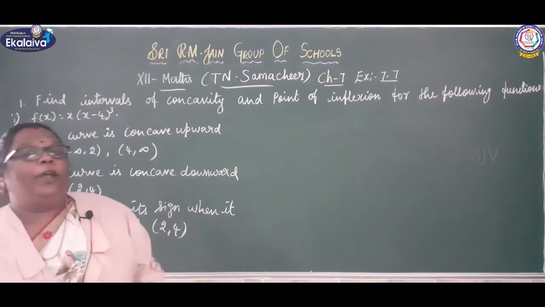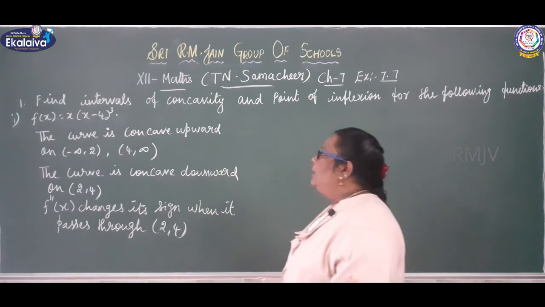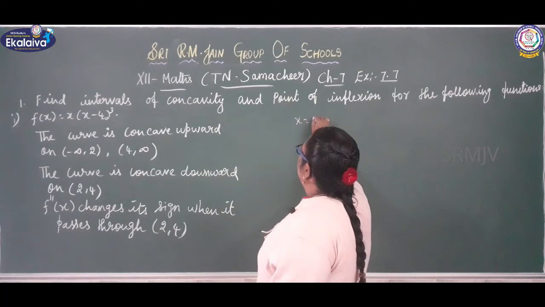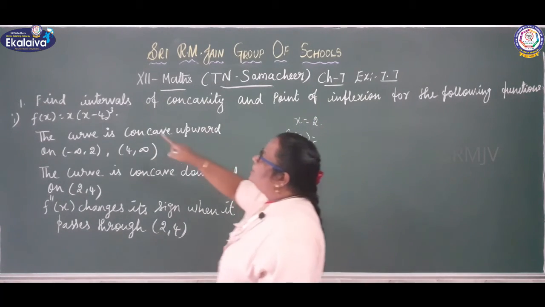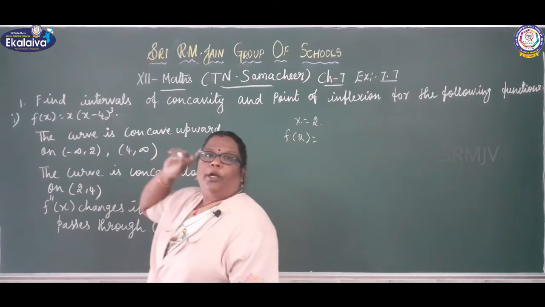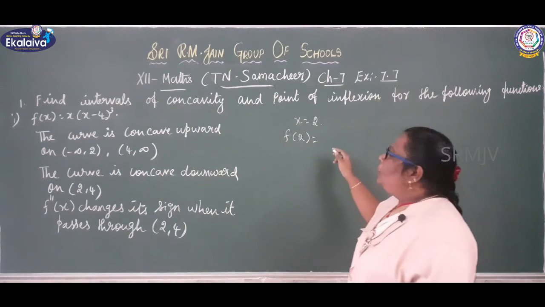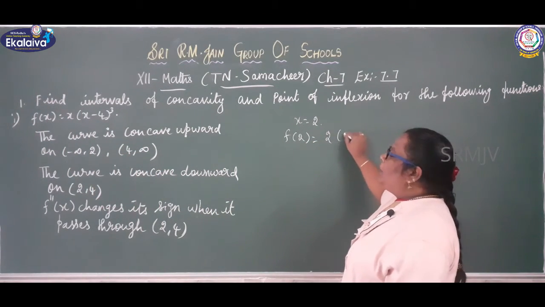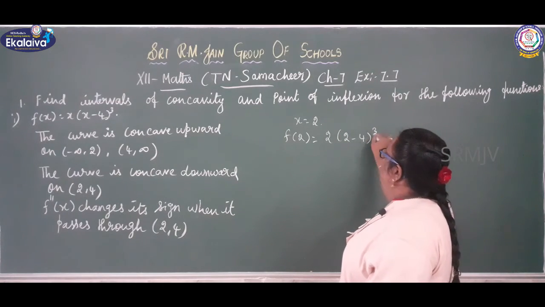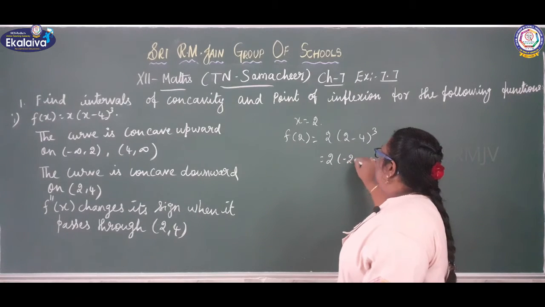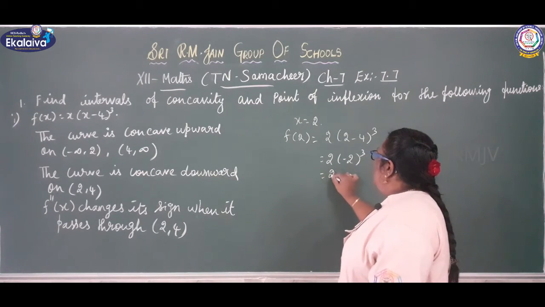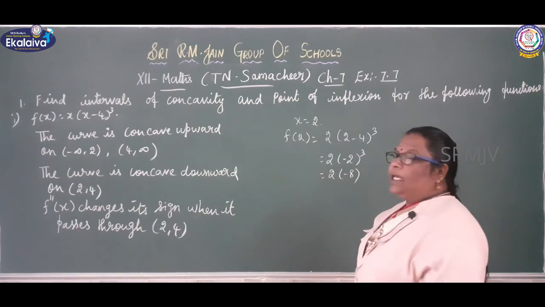So, now we are going to find out the points of inflection. At x equal to 2, f of 2, you can substitute in f of x to get the point of inflection. f of 2 equal to 2 into 2 minus 4 the whole cube. It gives 2 into minus 2 the whole cube, 2 into minus 8.